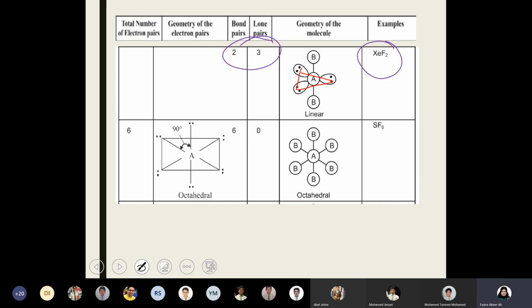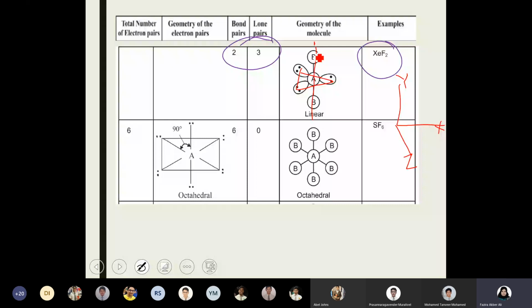Actually, we usually specify them as axial and equatorial positions, so you can even specify in that way. Ma'am, which one is axial and equatorial? The axial position means along your x, y, and z axes, the axis of a three-coordinate system.